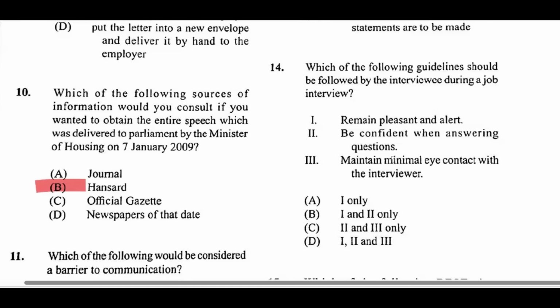It's supposed to be maximum eye contact, not minimal. You always have to keep your eye on the interviewer. Minimum means you can watch the interviewer and then watch the wall or the wall clock. But it's maximum. If they had the word maximum here, the answer would have been D. But because they use the word minimal, this is wrong. So the answer could only be 1 and 2, so that is B.